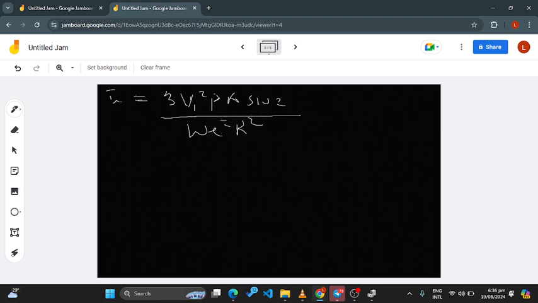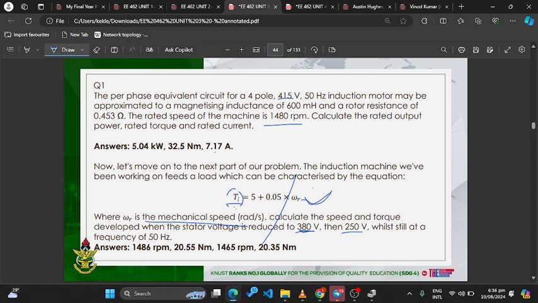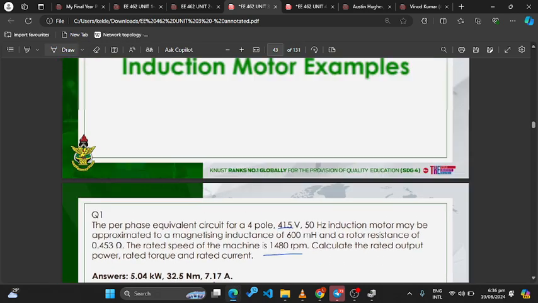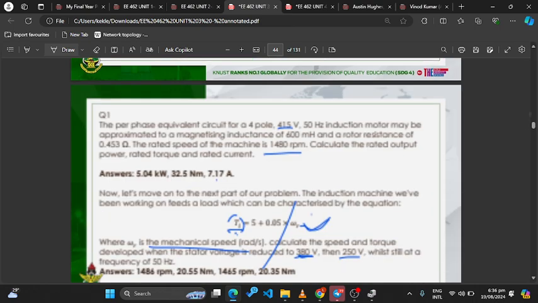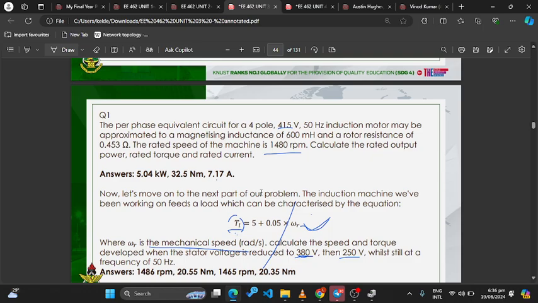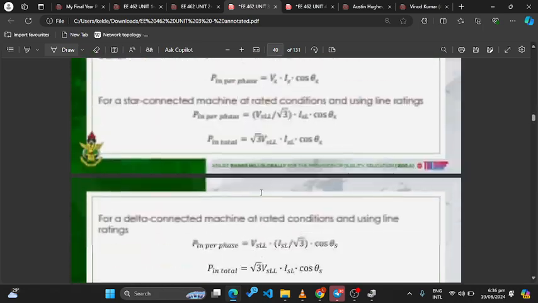Or let me go back and check what I have. I don't remember. I have to prove it all over again. Okay, let me go and check the formula again.